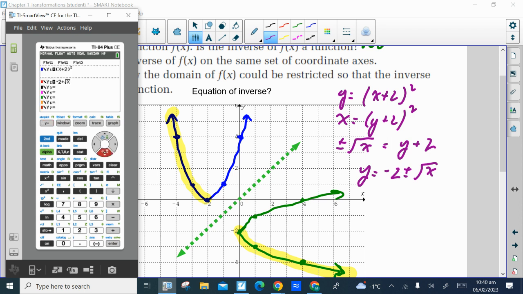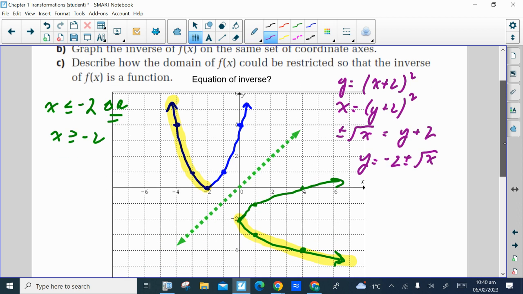You have to put another equation in there, negative 2 minus the root of x, to get the complete graph of the inverse. And that matches what we did on our graph.